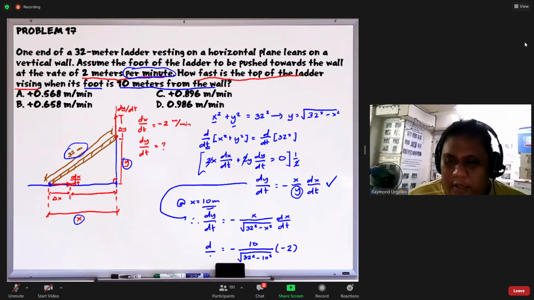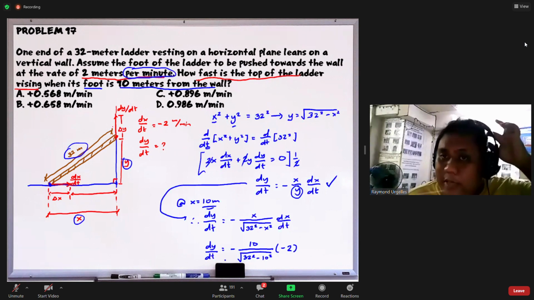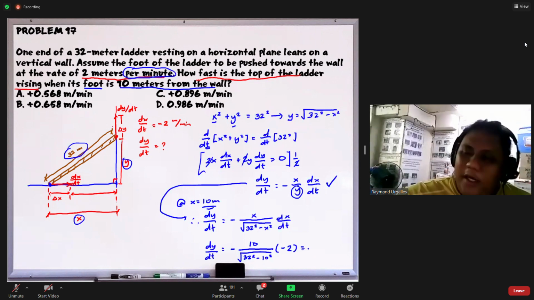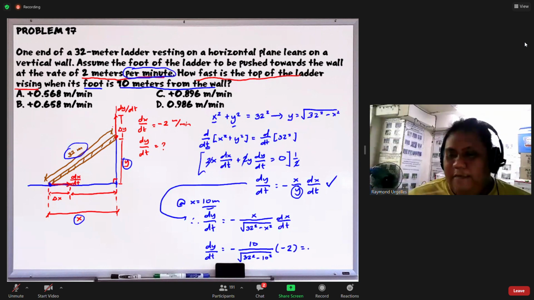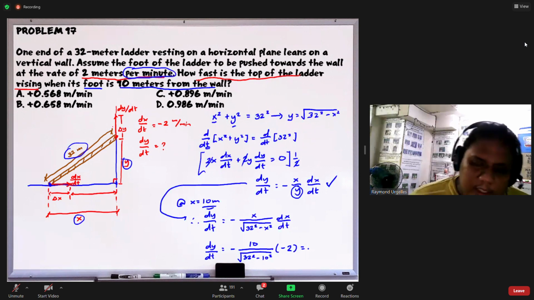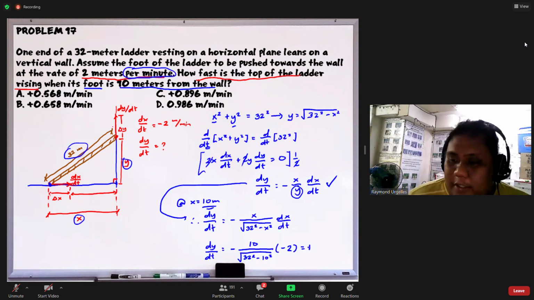Remember that yung y, inassume natin na naka-meters, yung time naka-minutes, so this will be in meters per minute. Also note that negative times negative is positive, kaya tama yung nakuha natin kanina na dapat positive yung dy/dt natin. If we try to solve this, we have positive 0.658 meters per minute.